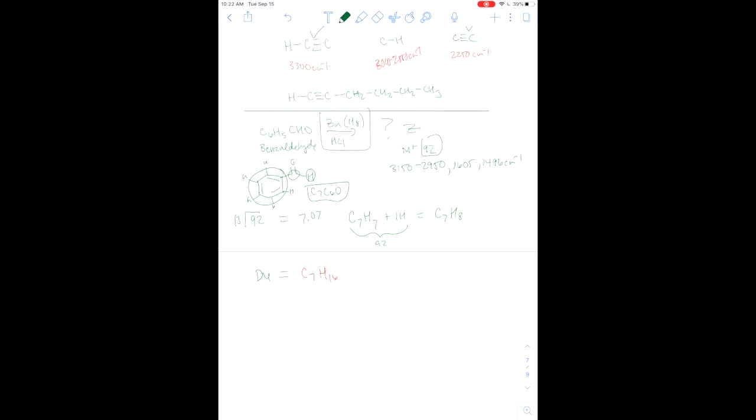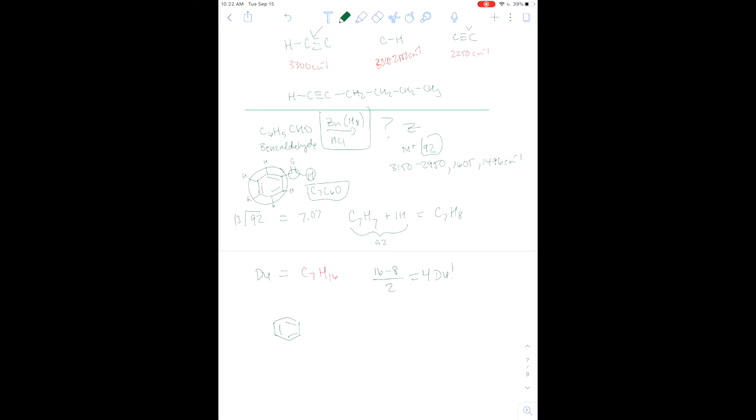And since we have only 8, we do 16 minus 8, which is 8 divided by 2 equals 4 degrees of unsaturation. And remember, when I said if there's a high number of degrees of unsaturation, we're usually going to think that there's a benzene ring in there, which there was to begin with. And so it's very likely that nothing happened to that benzene ring, especially since benzene rings are not super reactive.